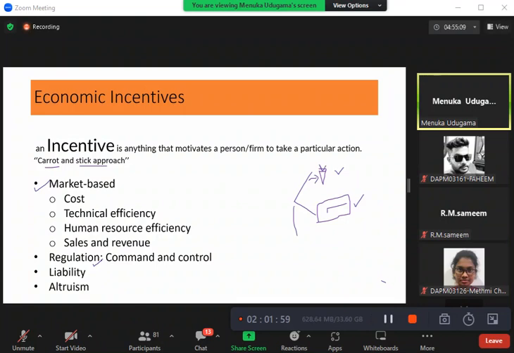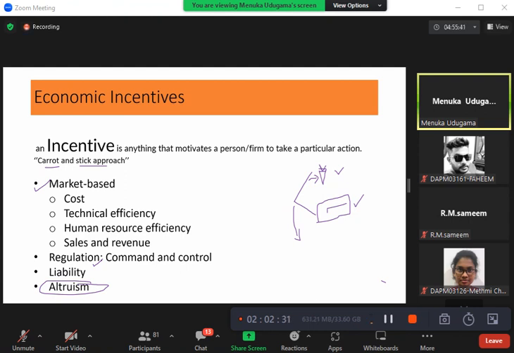There are other reasons. It could be because of altruism. Altruism means it's not because of a carrot, where I have a monetary or financial benefit, or a stick, a government mandatory requirement, rule or regulation.